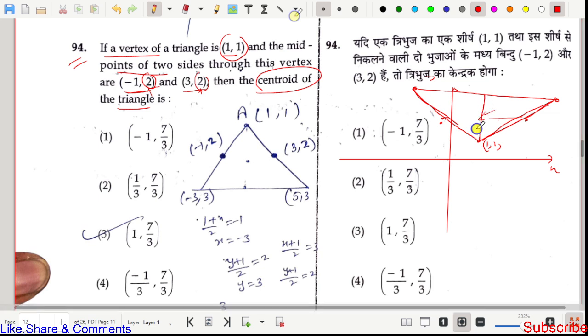In the case of an isosceles triangle, the median, the perpendicular bisector and the altitude are the same line.